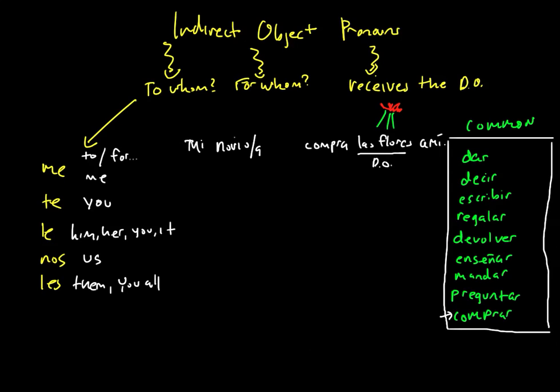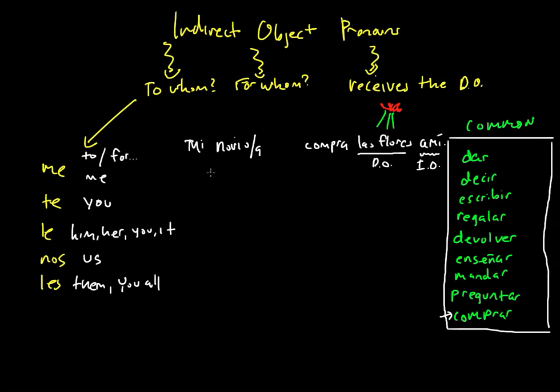Okay, now the direct object is las flores, so that's what's being received by the indirect object or the indirect object pronoun. So who receives the flores? Well, at the end here it says a mí. Okay, and so this is considered the indirect object.